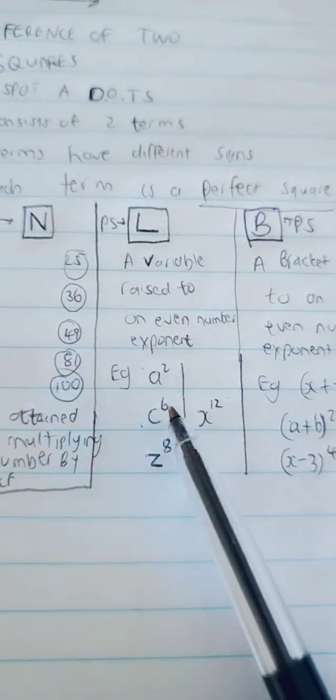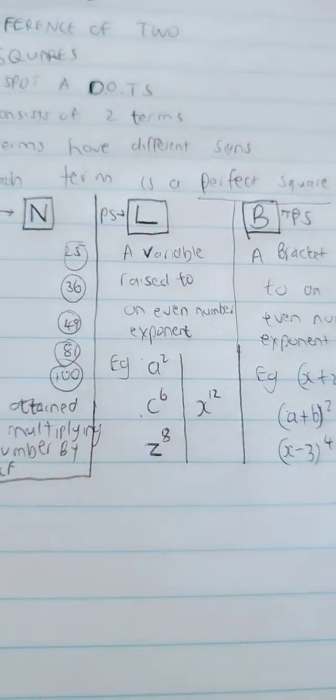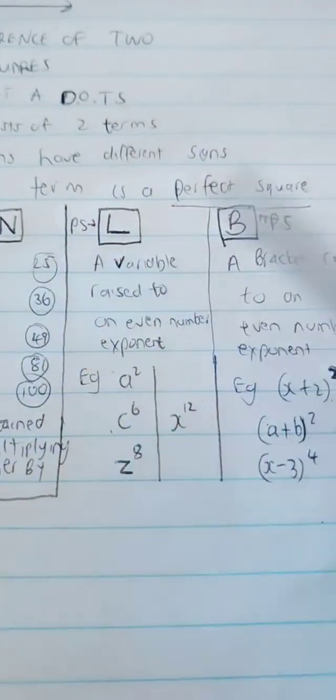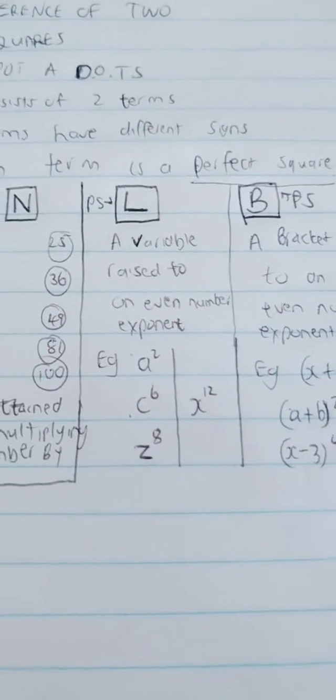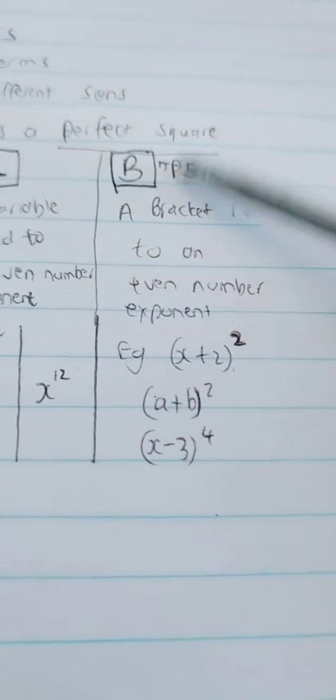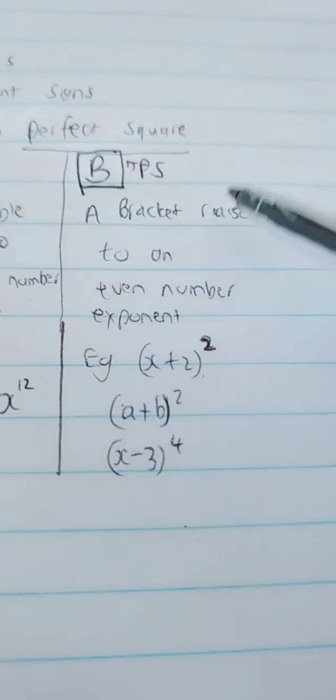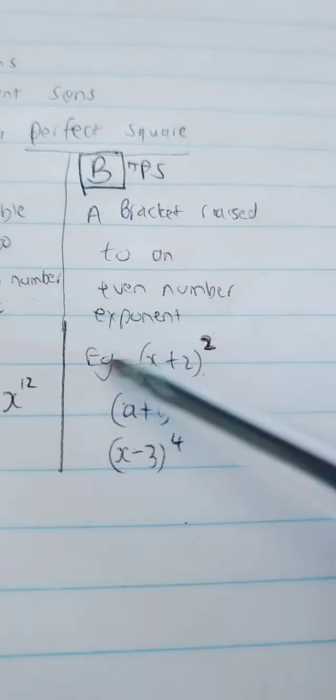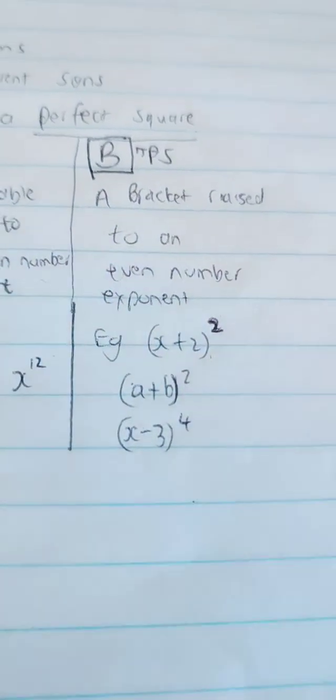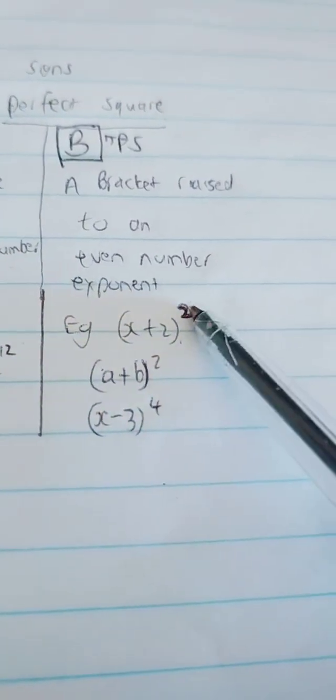See these letters, they all have even number exponents. Guys, if the variable has an odd number exponent, it is no longer a perfect square letter. Then lastly, a perfect square bracket is a bracket raised to an even number exponent. For example, you can see here x plus 2 in brackets, the whole thing squared.